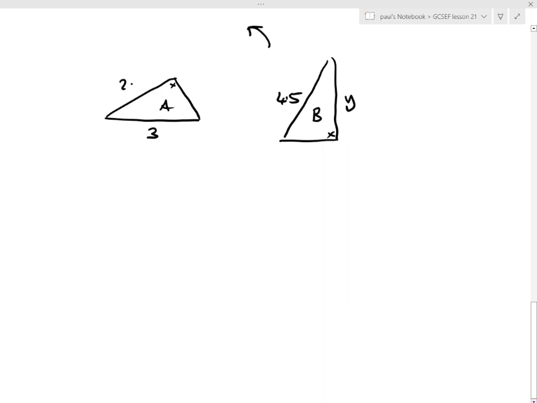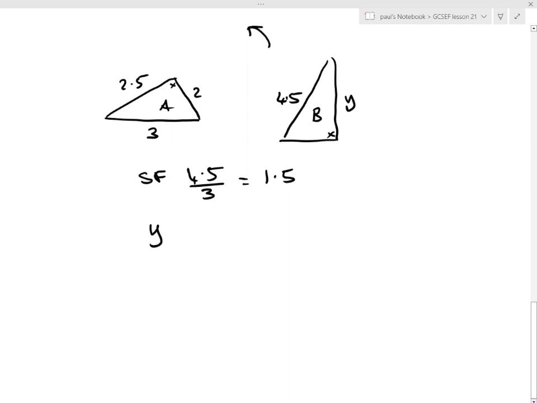This is 2.5 and this is 2. So we've got a choice now. To find the scale factor, we find the corresponding sides, which is the one opposite that angle x. So this is 4.5 divided by 3, which equals 1.5. So this is 1.5 times bigger than that.